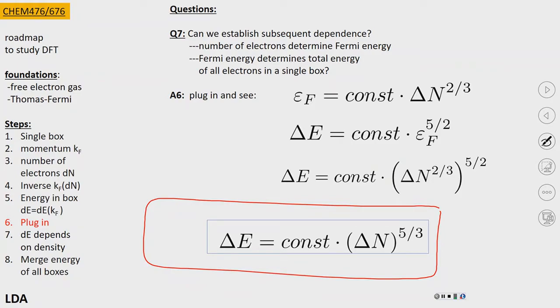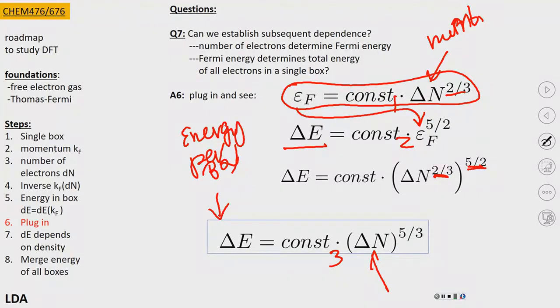Only the number, nothing else. This would be really good if you can do it for a molecule. The number of electrons gives us the total energy. We are almost done, and we are not too much over time.